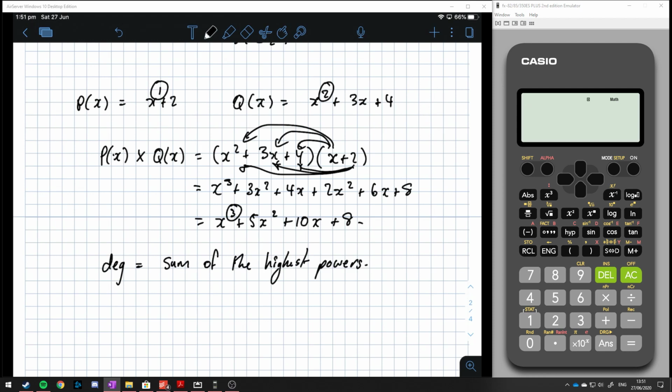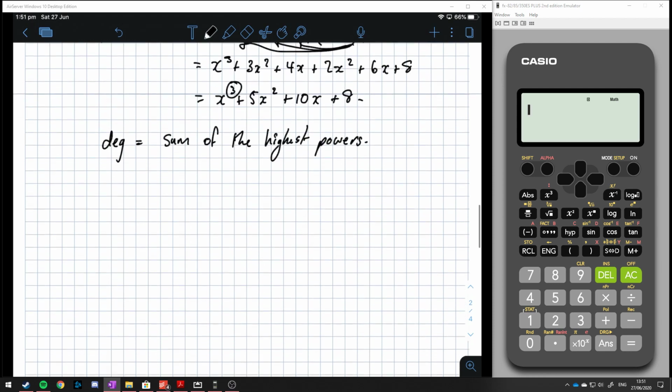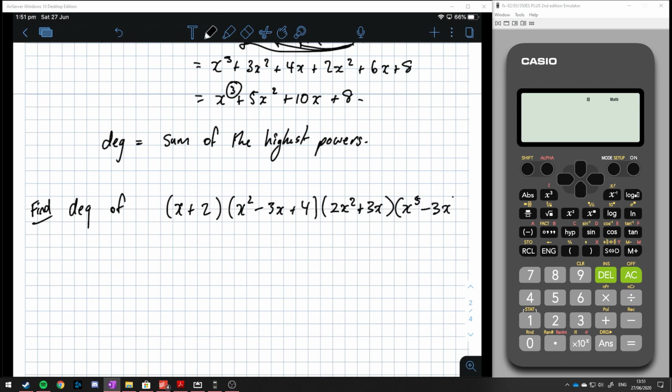And that's really important because if we asked you to find the degree of x plus 2, x squared minus 3x plus 4, and then 2x squared plus 3x, and then maybe an x to the power of 5 minus 3x, something like this, you could quickly do it by just adding up the degree of the highest powers in each of these. So in this case, we've got 1 plus 2 plus 2 plus 5. So 5, 6, 7, 8, 9, 10. So the degree in that one would be equal to 10.